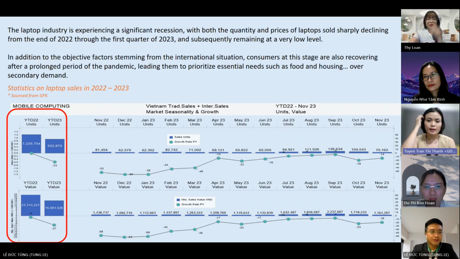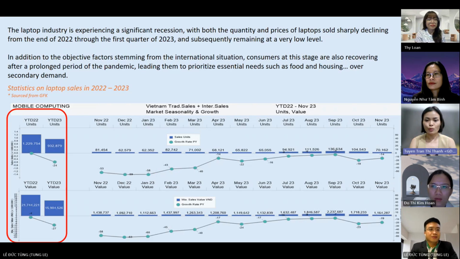And in addition to the objective factors stemming from the international situation, consumers at this stage are also recovering after a prolonged period of pandemic, leading them to prioritize essential needs such as food and housing over other secondary demand.